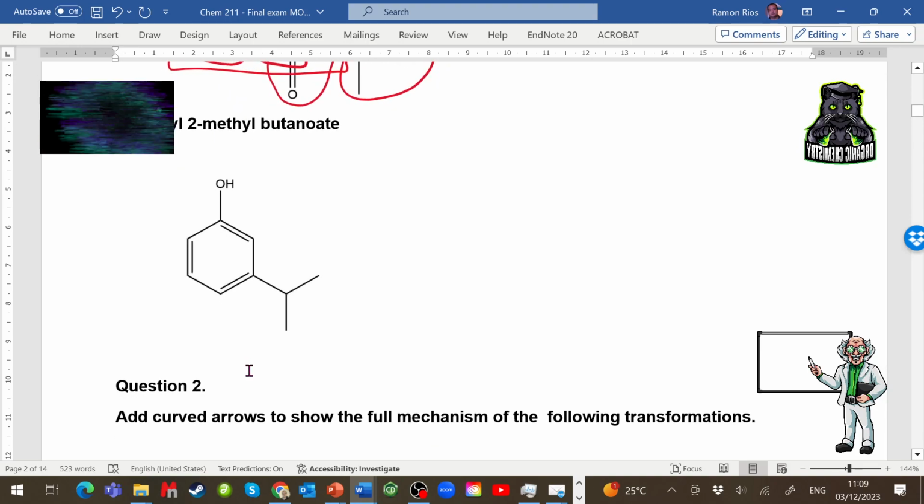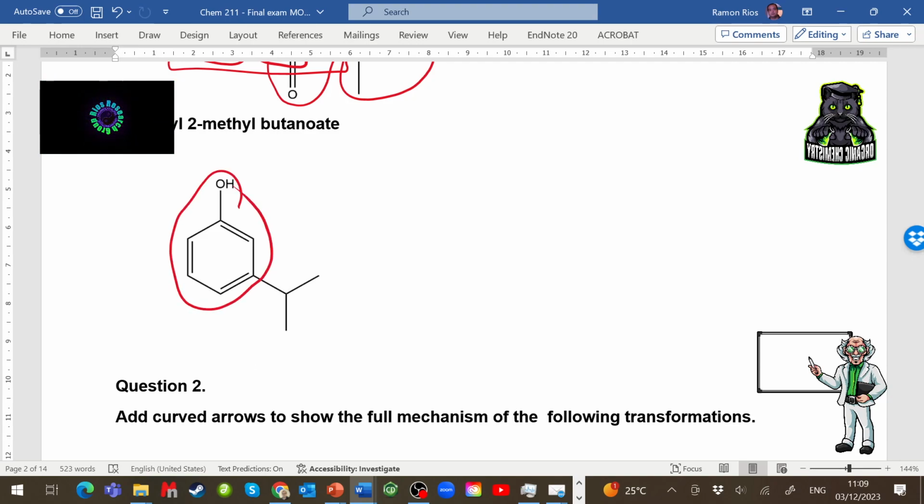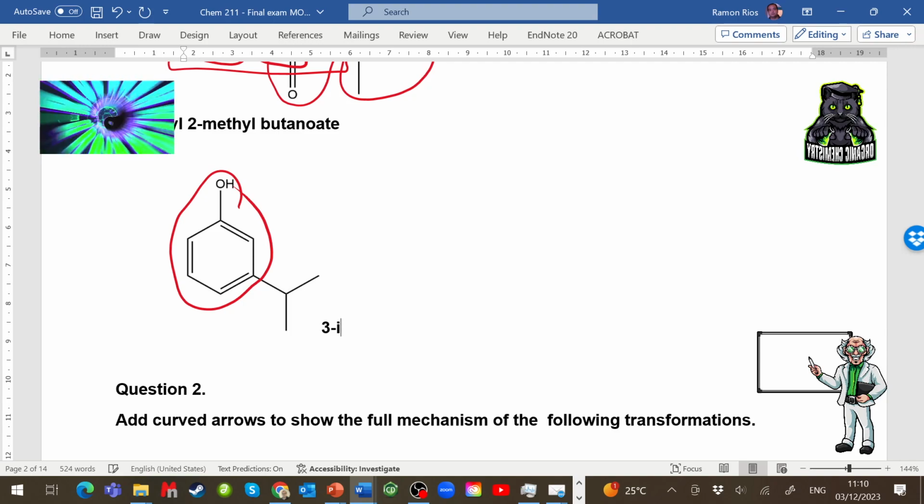Next one, we have this compound. Okay, and the important thing is to remember that all this compound is called phenol. Okay, that means that this will be a 3-isopropyl phenol.